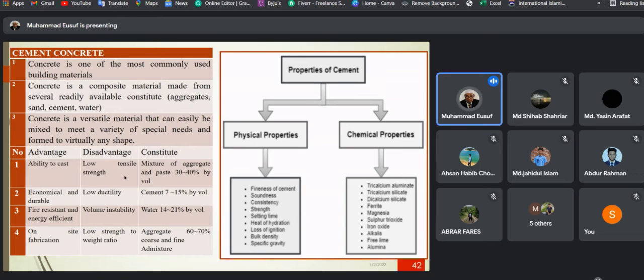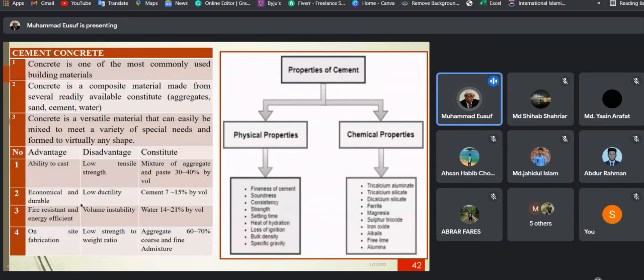There are two materials, steel bar and concrete. Concrete you can cut down anytime, but steel cannot. So concrete possesses very little tensile strength.